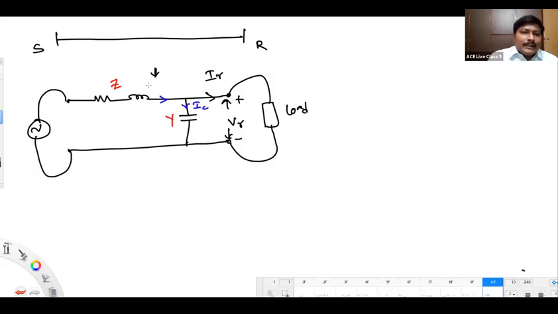Then you will get this current as IR plus IC. And after applying KVL, you are going to get the sending end voltage as VS. Very simple network analysis. You know receiving end voltage, we find out charging current, and IR plus IC is flowing in this series branch. Apply KVL for this loop so that we can get the sending end voltage VS.